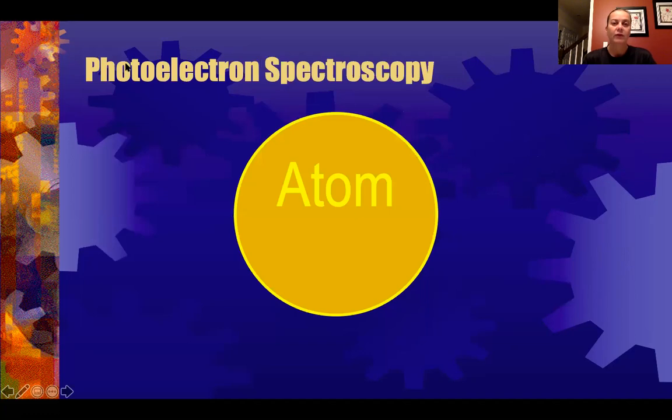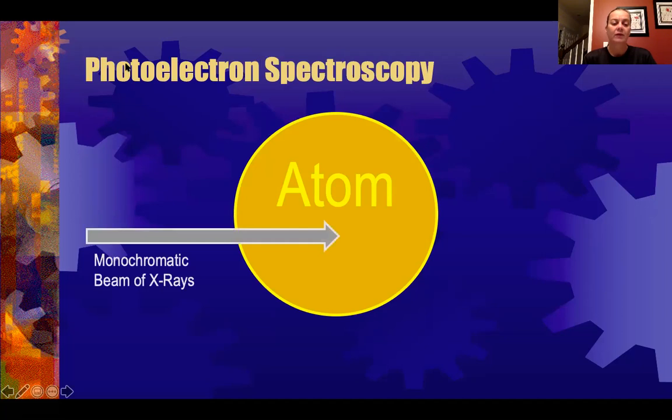So here's how photoelectron spectroscopy works. We have an atom and we send a beam of X-rays at a particular frequency at that atom. You remember that light frequency is directly proportional to energy. And so we know that the energy of that photon is directly proportional to its frequency, Planck's constant times frequency.